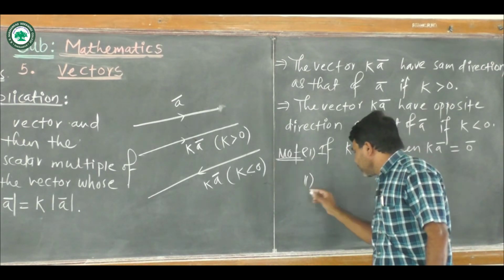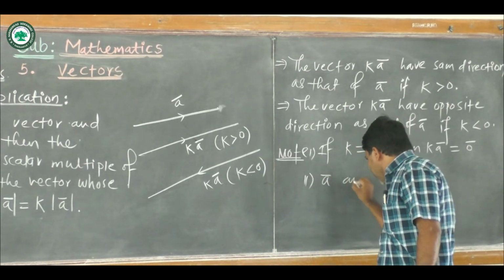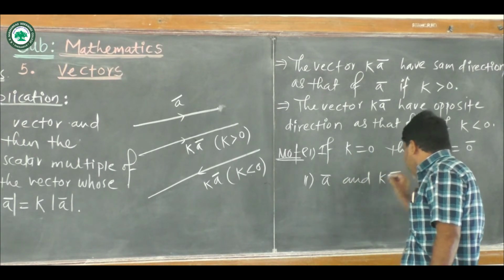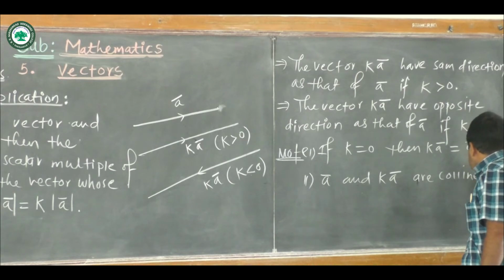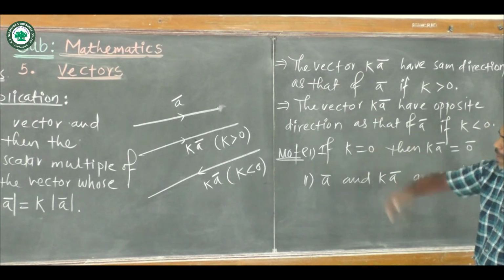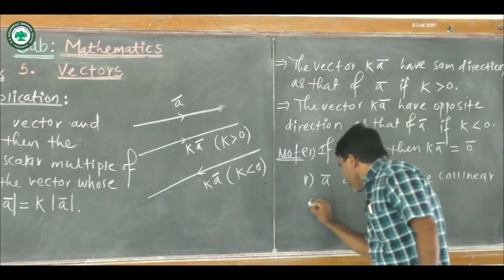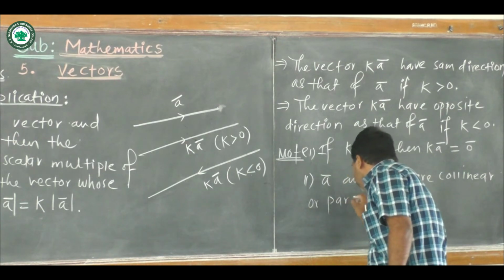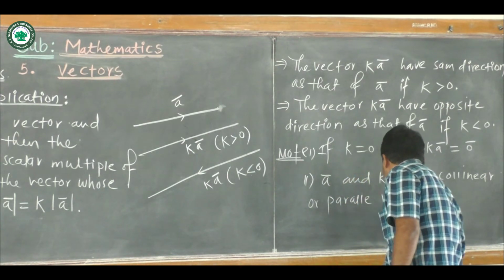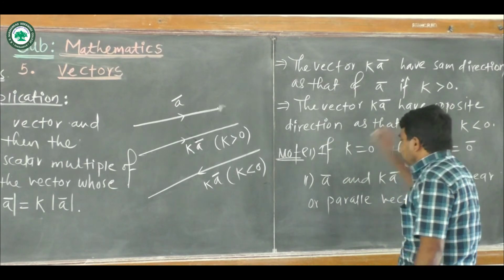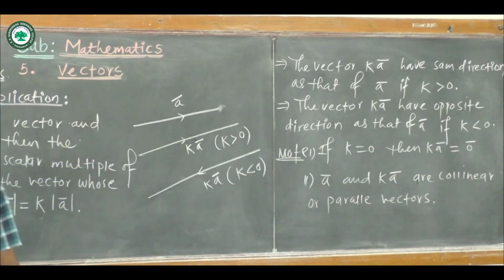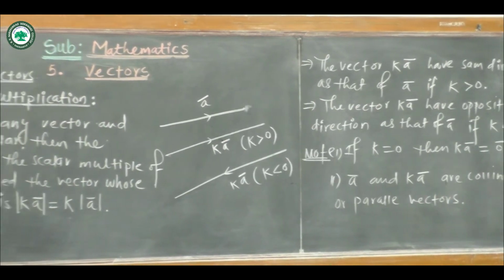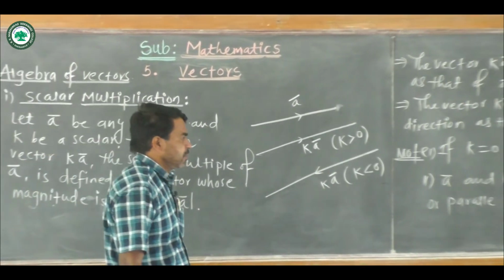Second, a bar and k into a bar are collinear or parallel vectors.